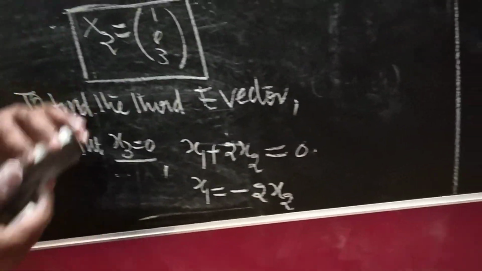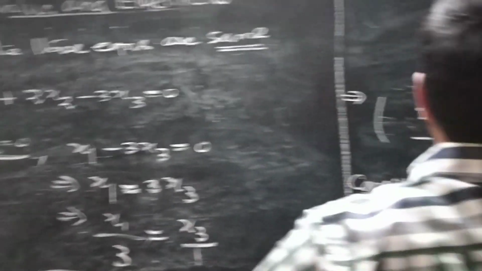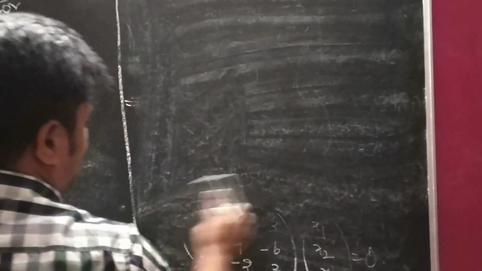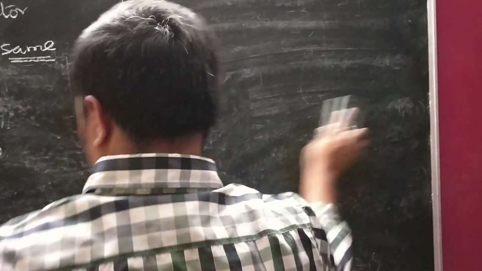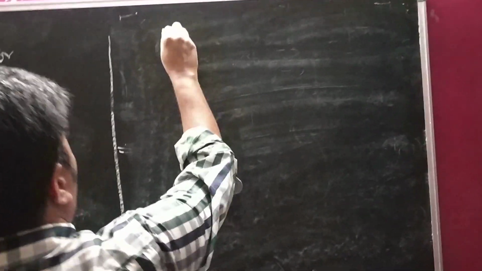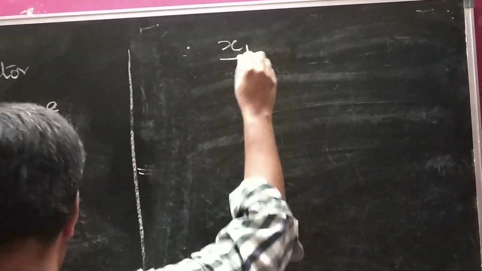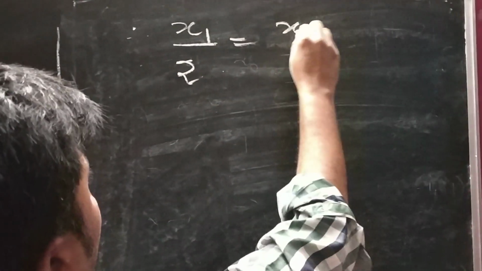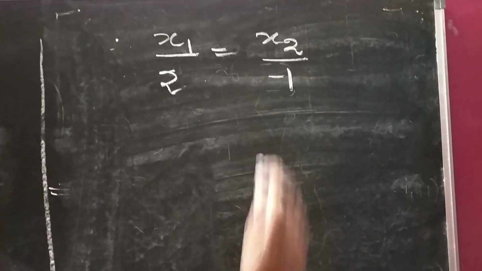So therefore x1 divided by 2, x2 divided by minus 1. Right?